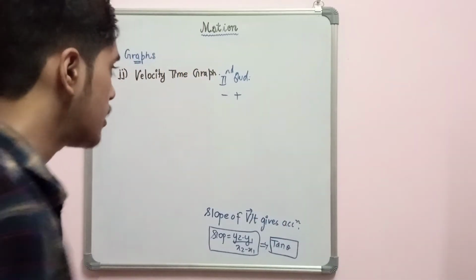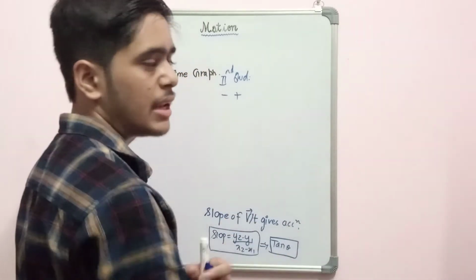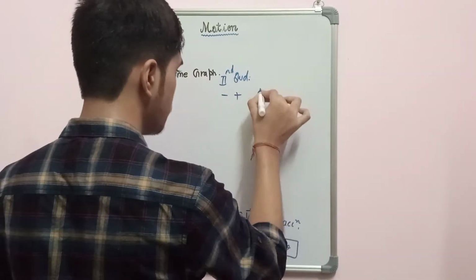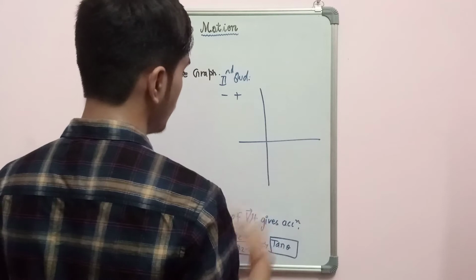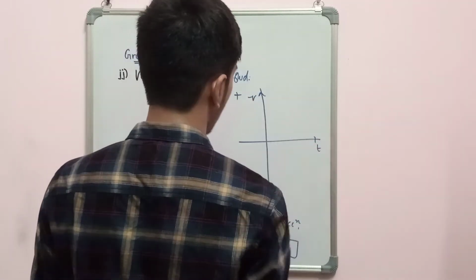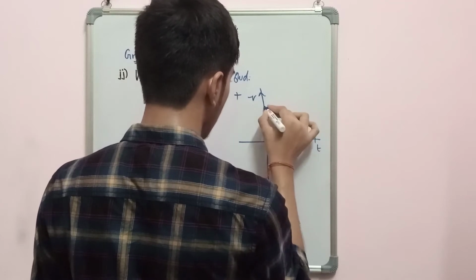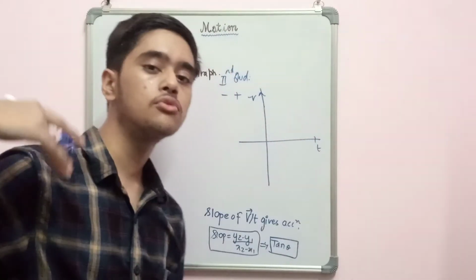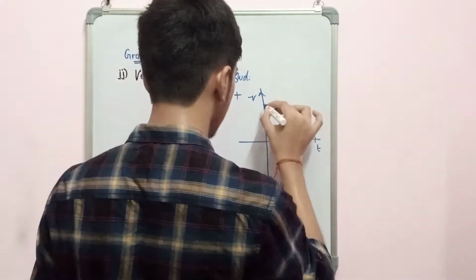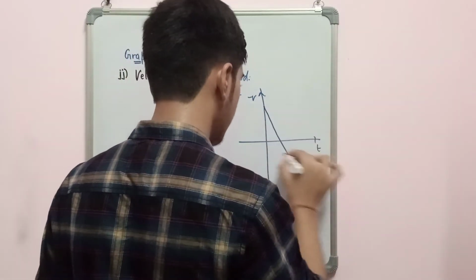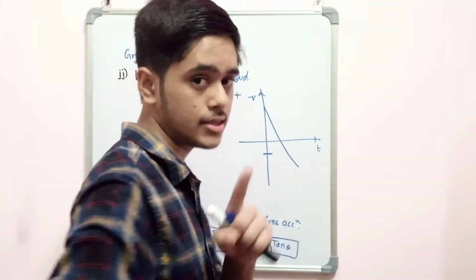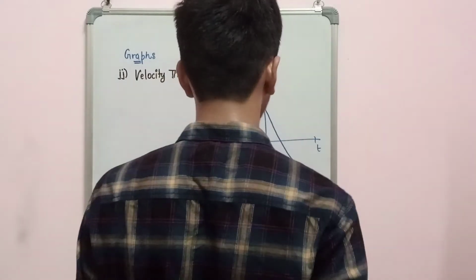If I say that a body is going under negative acceleration, how will you represent it? This is a vt graph. Let us assume it had some initial velocity, then slowly its velocity started going negative. Then it will be like this. Here our y axis is negative. It's a negative one. Yes, it's negative.